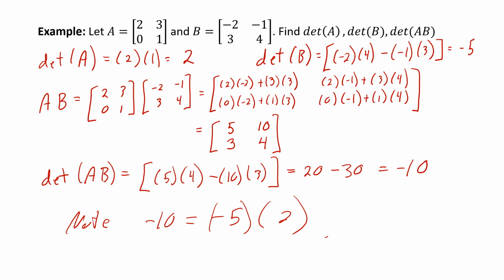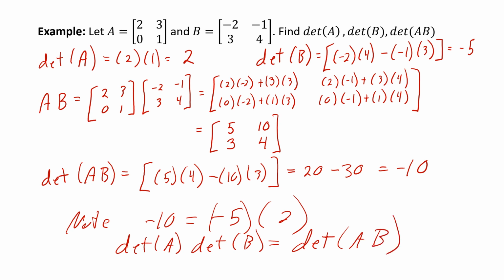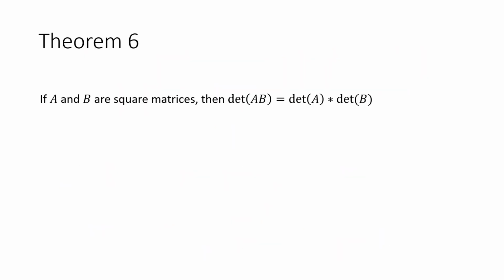When you multiply matrices together, the determinant is the product of those two determinants. So we note here that the determinant of A times the determinant of B is equal to the determinant of AB. Now that's just for this simple example, but that holds true for any square matrices. Which is theorem 6. When you multiply matrices together, the determinant that you end up with is the product of the determinants of your original matrices.